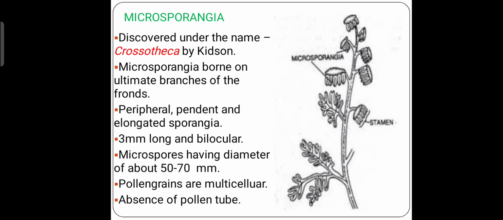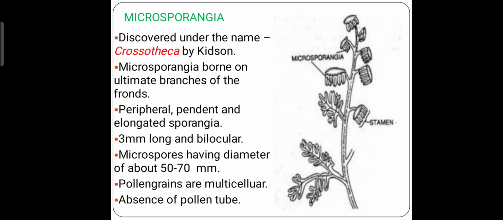Then what kind of microsporangia were there? They were discovered under the name Crossotheca by the scientist Kidston. Microsporangia are borne on the ultimate branches of fronds. They are peripheral, as you can see in the diagram on the right hand side, pendant and elongated, 3 mm long, and they are bilocular.